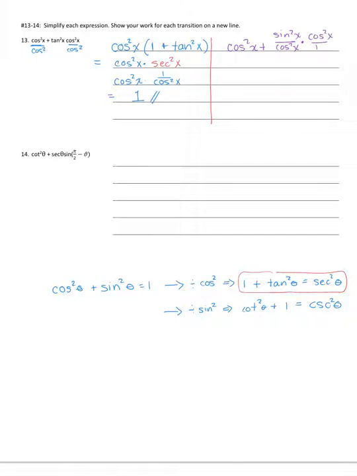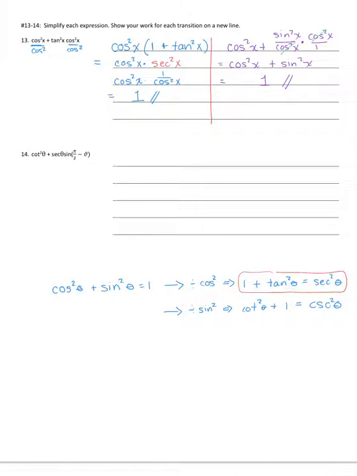So I haven't factored anything out, I've just converted everything into sine and cosine. Notice that this will cancel, so I'm left with cosine squared x plus sine squared x, and that is the identity that I'll be giving you, so we know that that equals 1. They're both totally valid, and you get to the same spot.